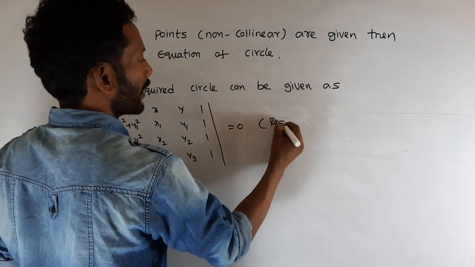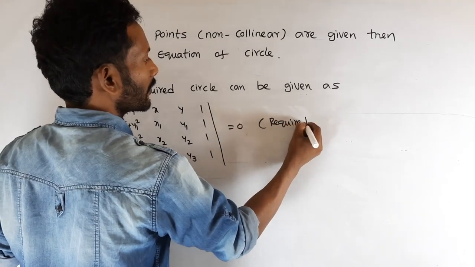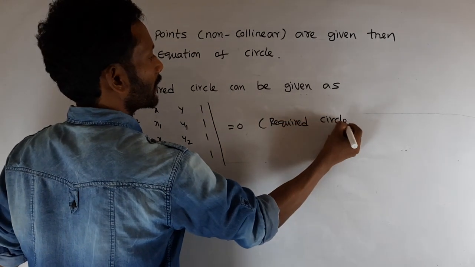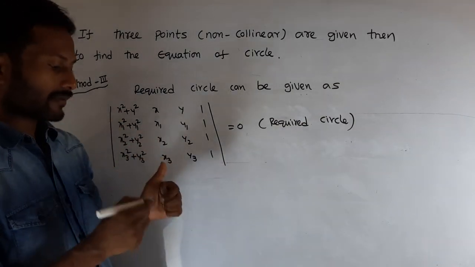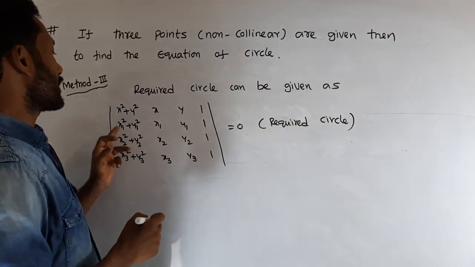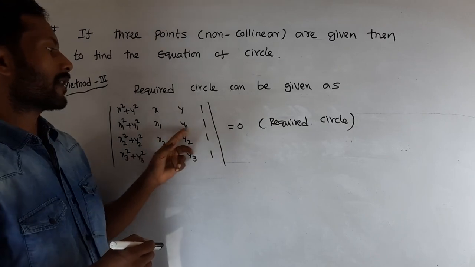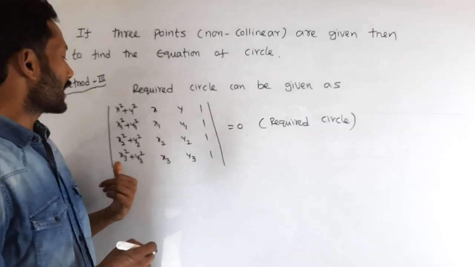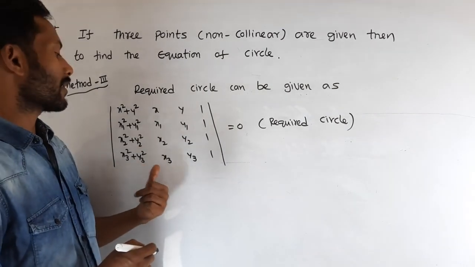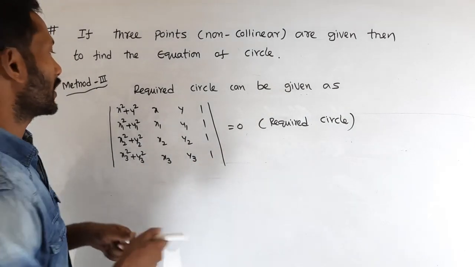This is the required circle. So determinant of x square plus y square, x, y, 1, x1 square plus y1 square, x1, y1, 1, x2 square plus y2 square, x2, y2, 1, x3 square plus y3 square, x3, y3, 1.